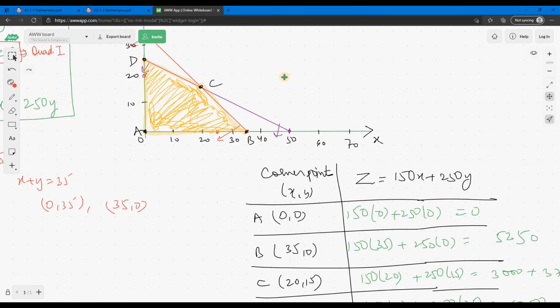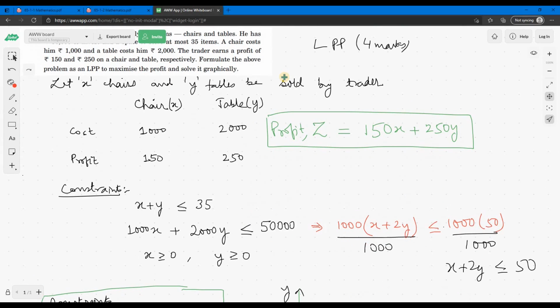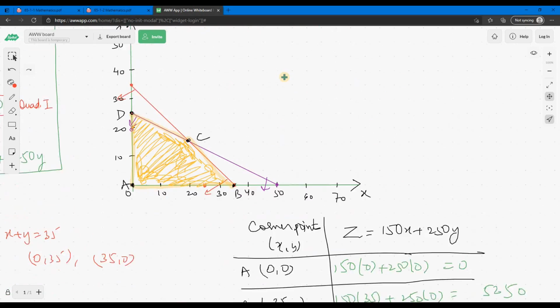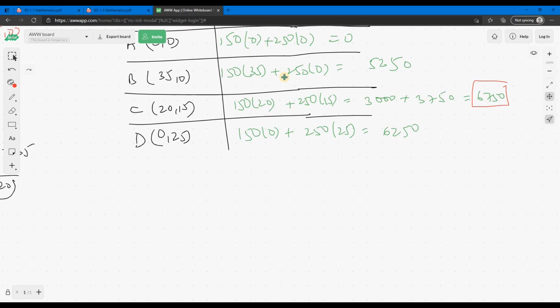So this is how we maximize it. x represents the number of chairs and y represents the number of tables.